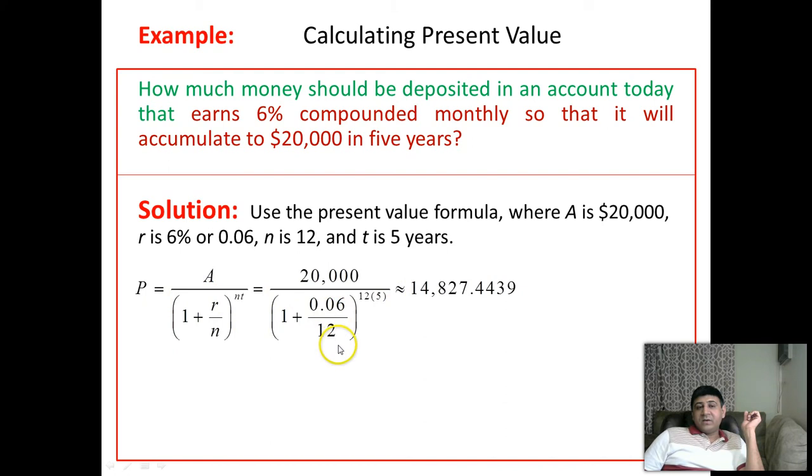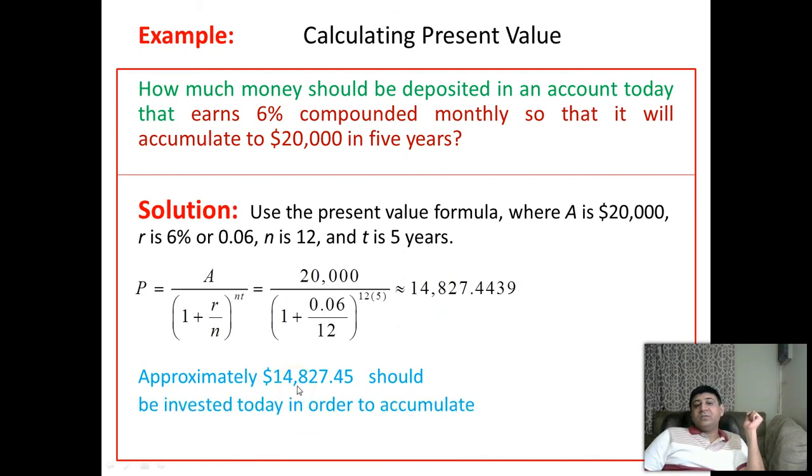Then put in the interest rate, compounding, and time, work this whole thing out, and you get 14,827. So approximately 14,827 should be invested today in order to accumulate 20,000 in 5 years. That was a sort of reverse application of this compound interest formula.